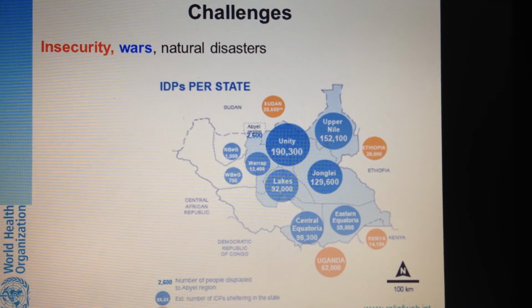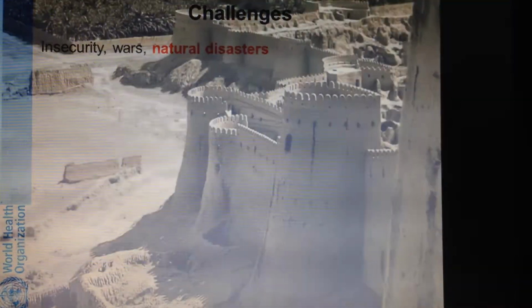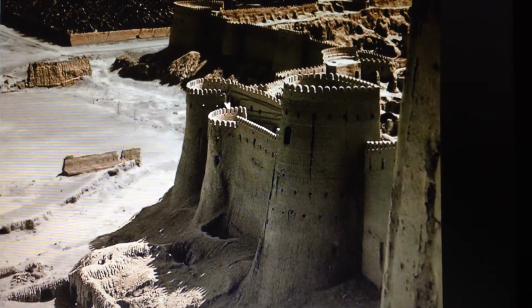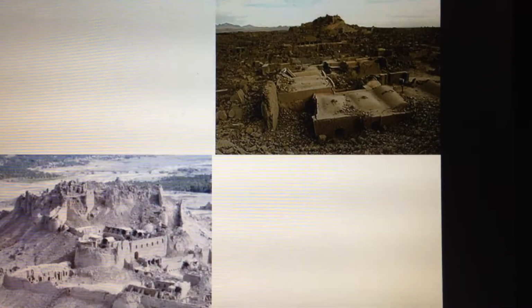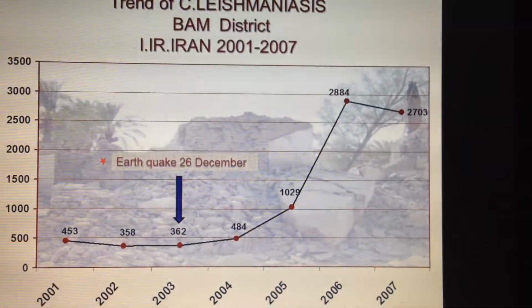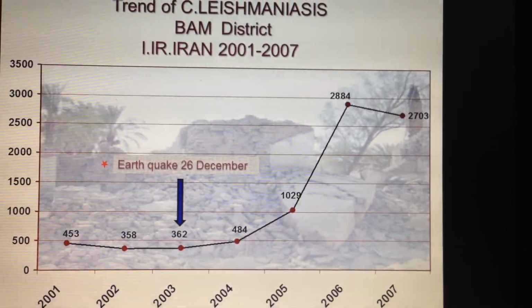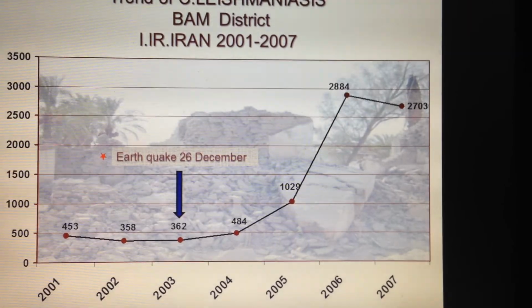This is an example from South Sudan with more than 1 million people displaced. And not only wars, also natural disasters like the earthquake in 2003 in Bam, where after 2 years there was an outbreak of cutaneous leishmaniasis.